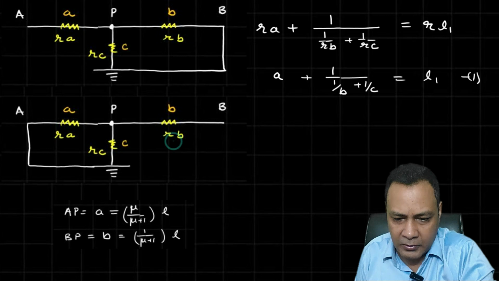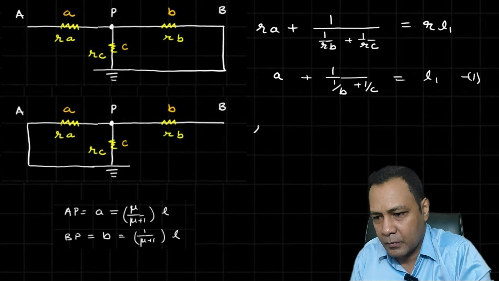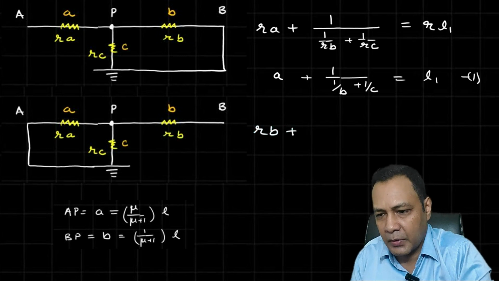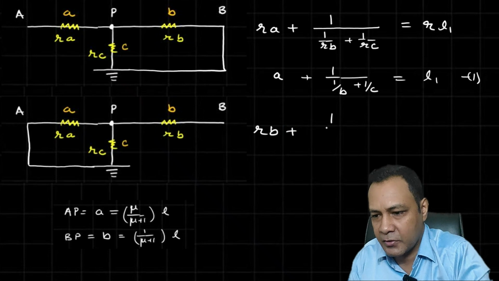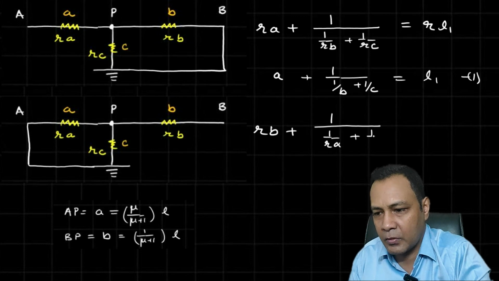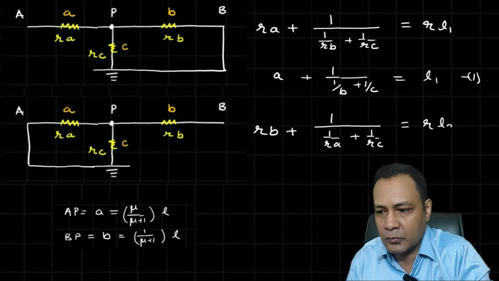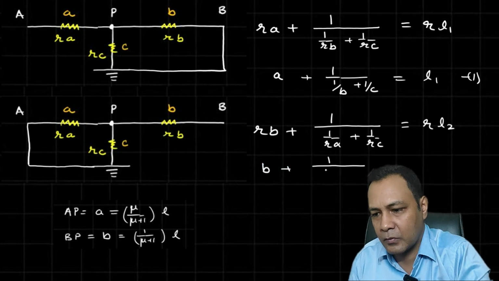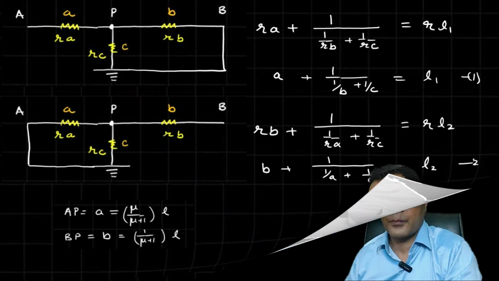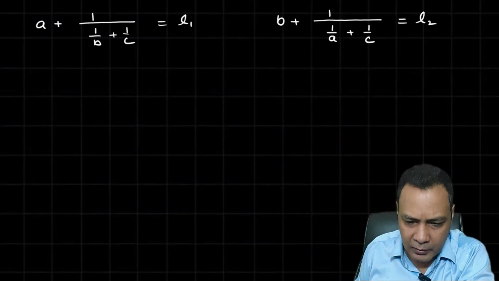So I can write RB plus the parallel combination of RA and RC, 1 upon 1 upon RA plus 1 upon RC, is equal to RL2. So B plus 1 upon 1 by A plus 1 by C is equal to L2.